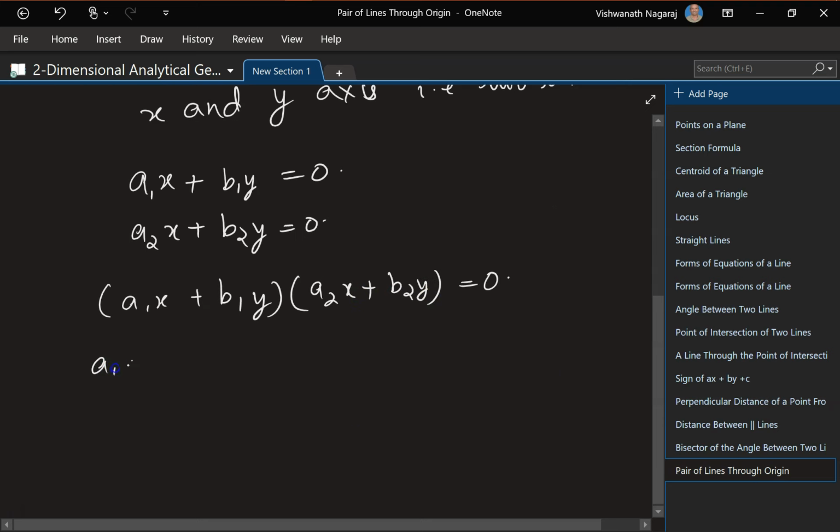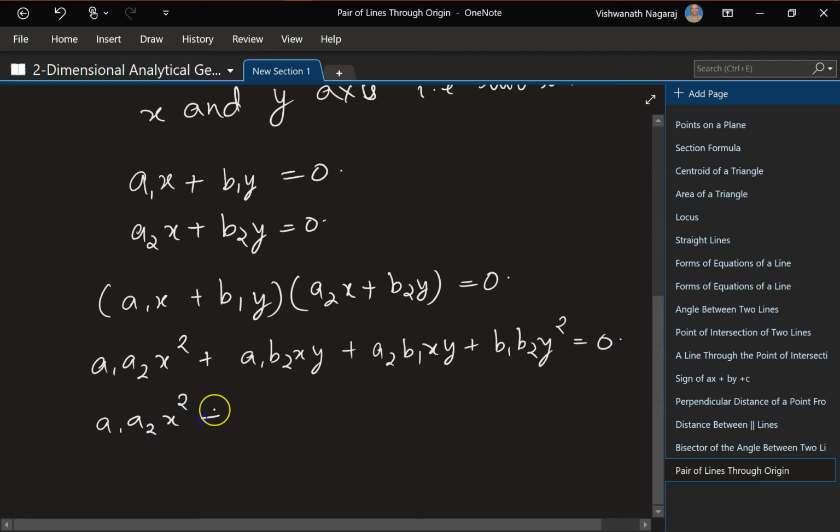Now let's expand it. a1 a2 x square plus a1 b2 xy plus a2 b1 xy plus b1 b2 y square equal to 0, which is a1 a2 x square plus (a1 b2 plus a2 b1) xy plus b1 b2 y square equal to 0.